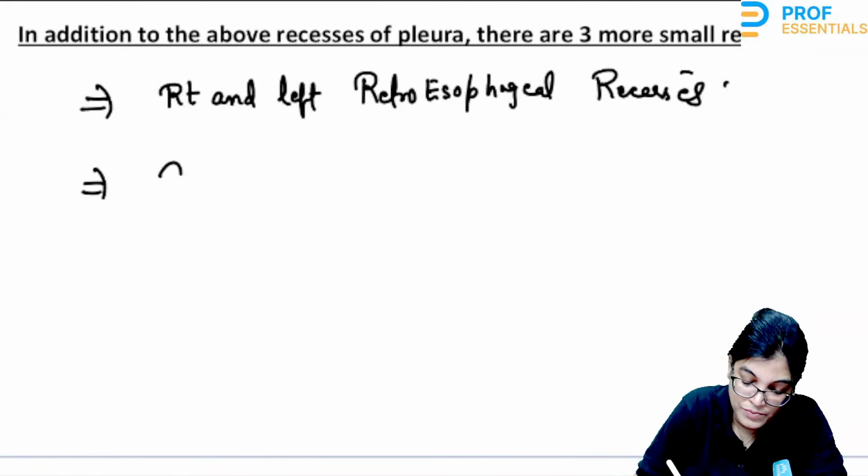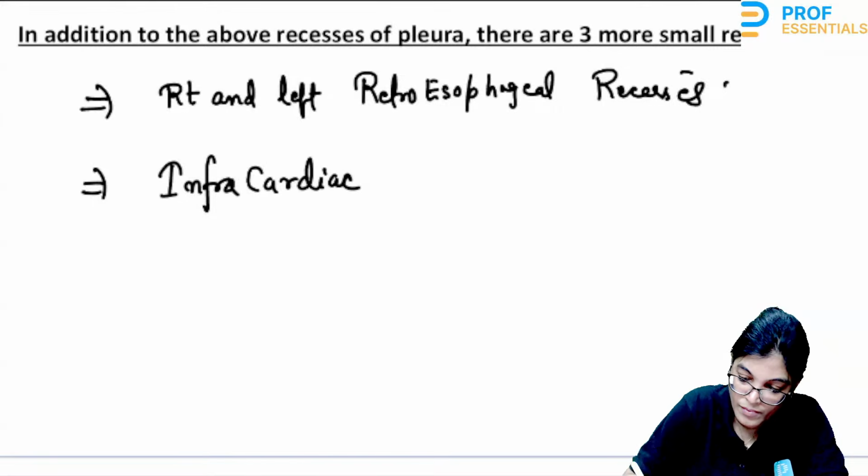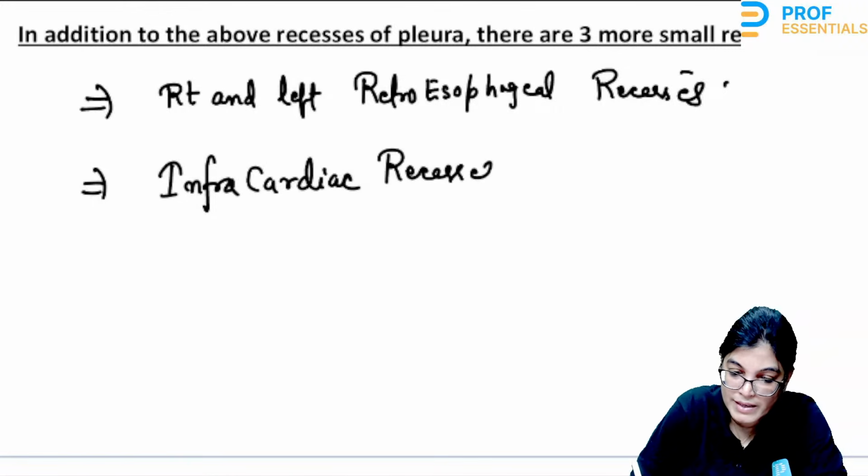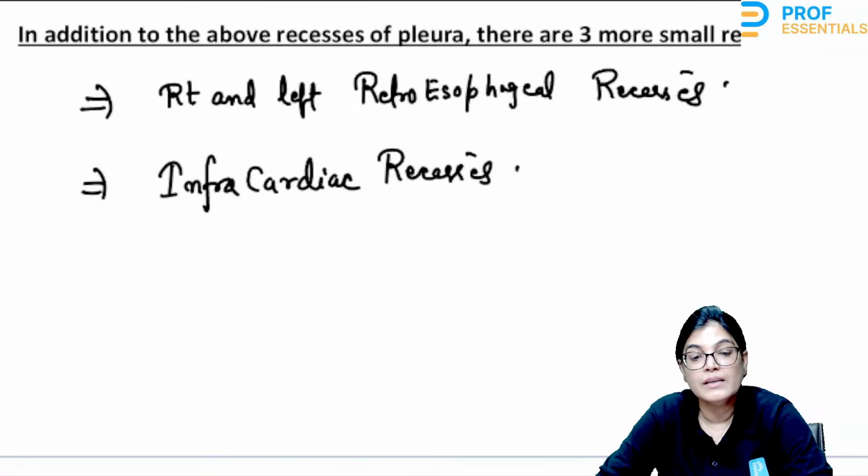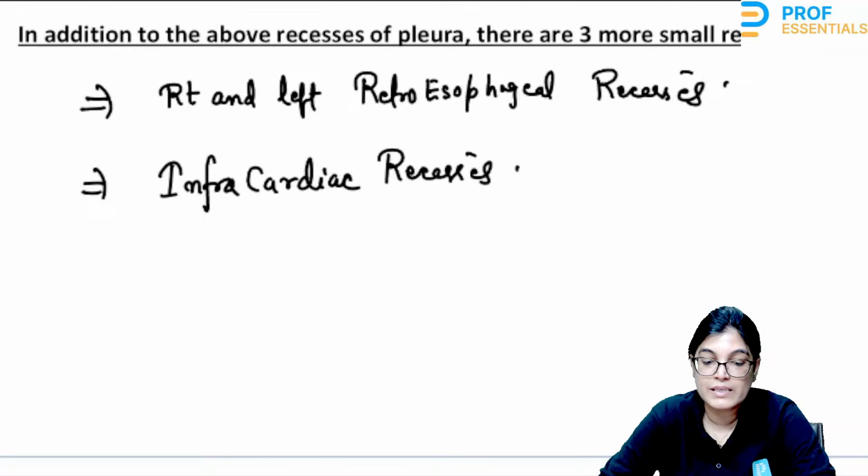The infracardiac recess is a recess of the sac which sometimes extends beneath the inferior vena cava. So that is the important one.